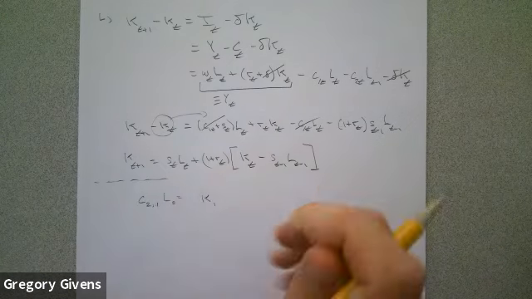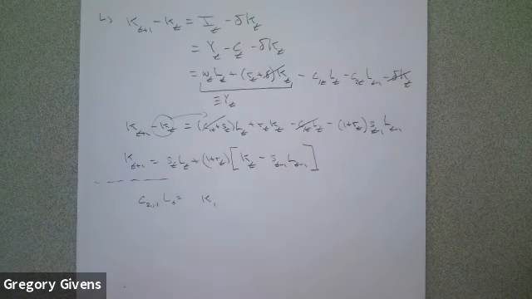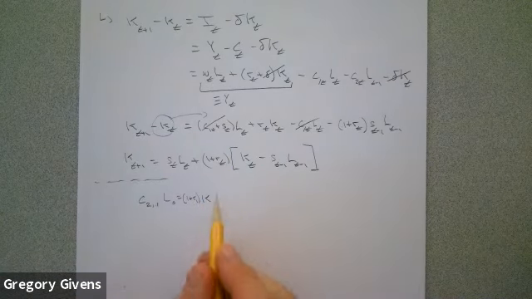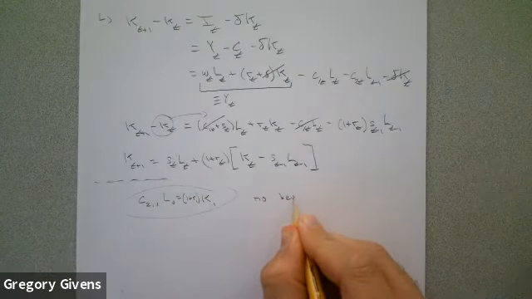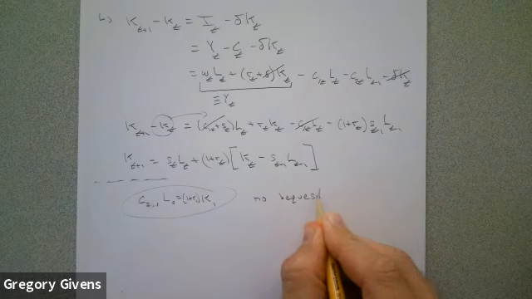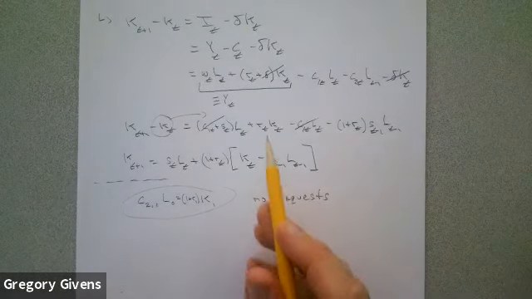Their total consumption, because there's no bequest motive, should be equal to 1 plus r1 times K1. Right? Can we use this information then to simplify the equation that's right before this?